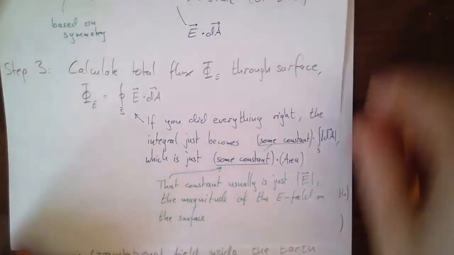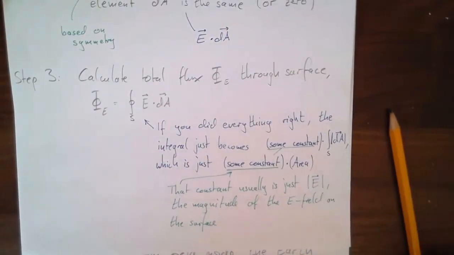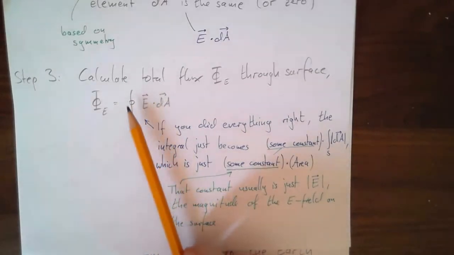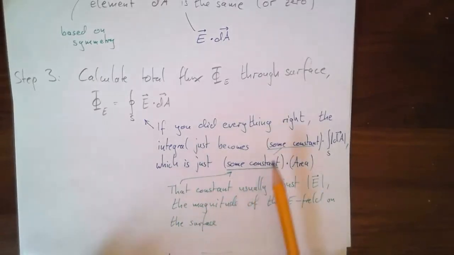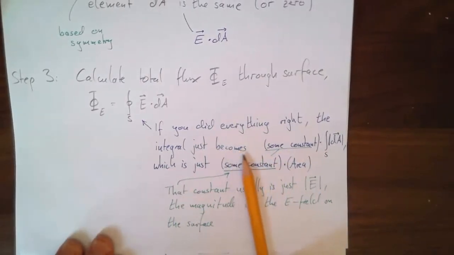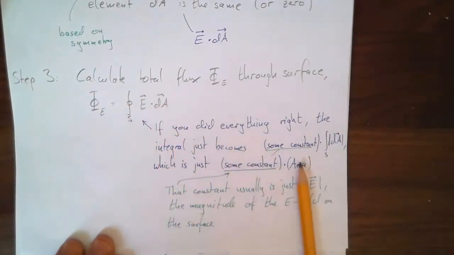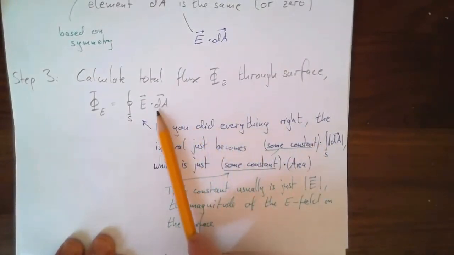The third step is we're going to calculate what the flux is, right? So this is the flux. This is the left-hand side of Gauss' law. And now if you did everything right, that is super easy, because what you get is that this thing is constant, so the constant comes out, and you just integrate over the area, the little chunks of area.